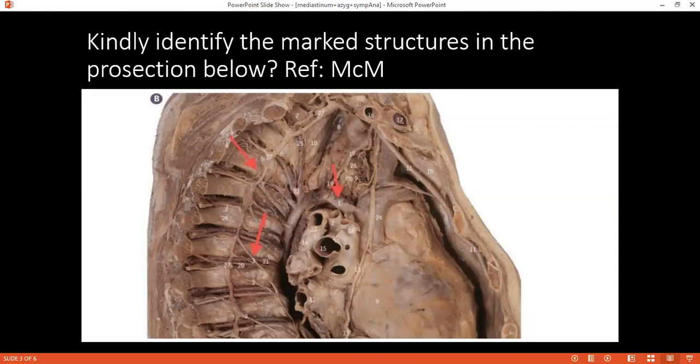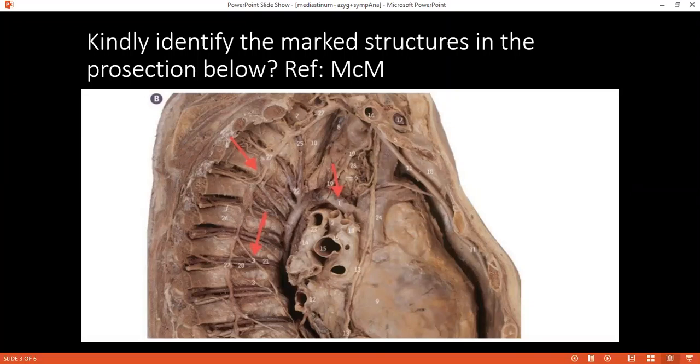Can you please tell me the branches of the ascending aorta? The right brachiocephalic artery, left common carotid, and left subclavian. Also the right and left coronary arteries.